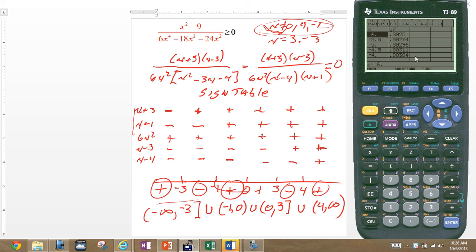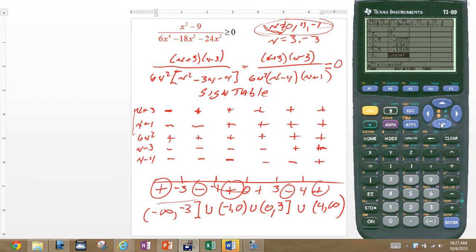You can see all those y values are remaining positive. Very small positives, that's indicative of what we suspected. It's riding the axes. Then at negative 3, it's become 0. We knew that. The x values between negative 3 and negative 1, this thing dips negative.